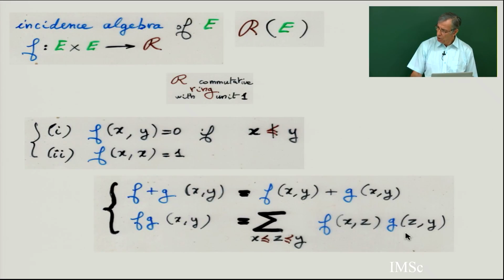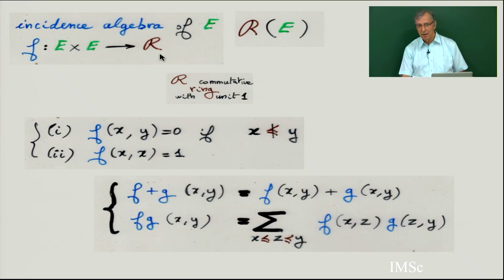So the elements of the incidence algebra are functions f, which associate to a pair xy any element of the algebra. This is a ring, a commutative ring with a unit element. So it's any function like this, satisfying these two conditions.